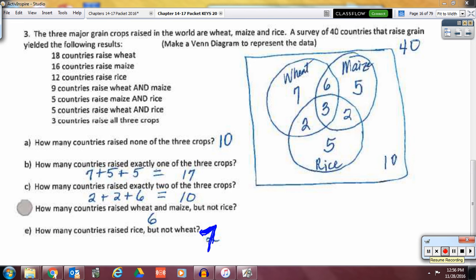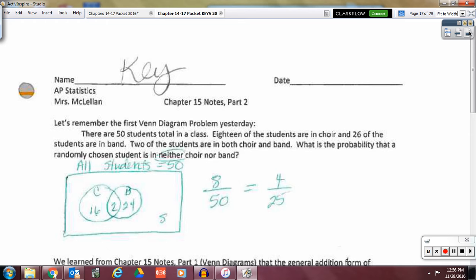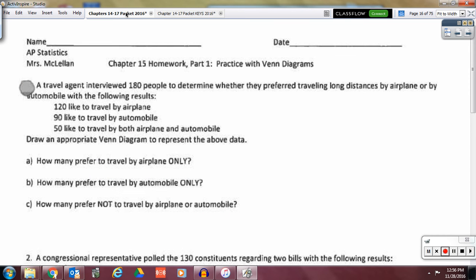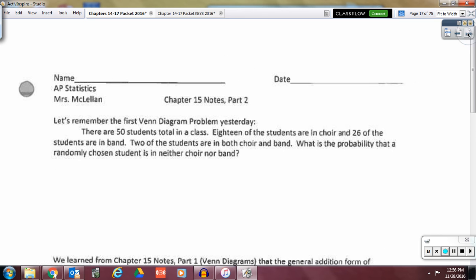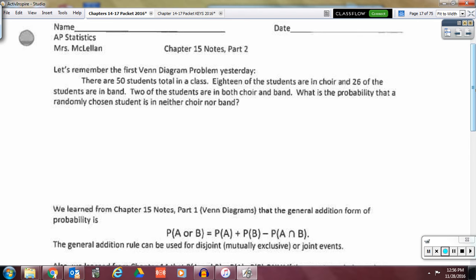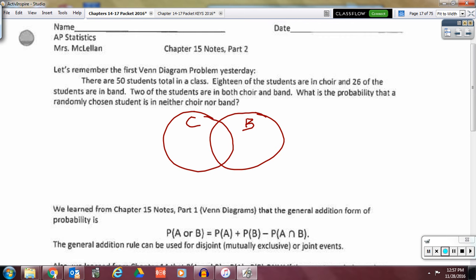Okay, so page 14 is where we start our notes for part 2. I'll start by reminding you what we had done earlier, where we had the choir and the band. There were 2 ways to get the total of what was in here.